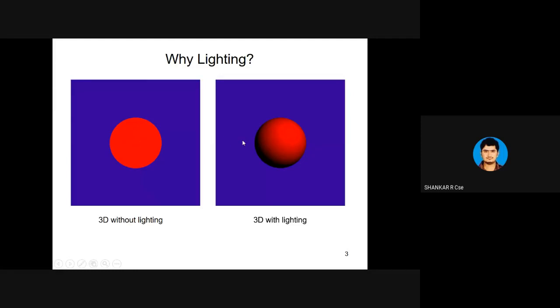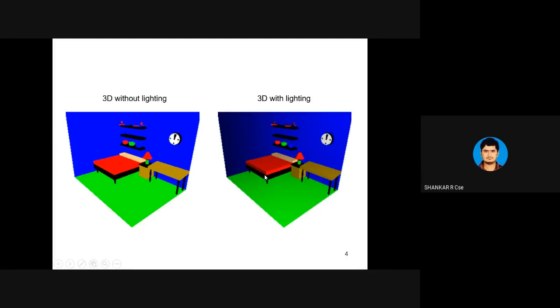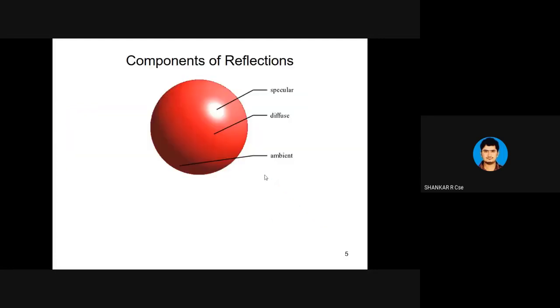If you don't turn on your lighting properties, this is what you'll get, and this is what we got all these days. You take the first program, the line program, you take the second one, the triangle rotation, and all these were artificial outputs, something like this. We didn't take care of lighting in those programs. If you take care of lighting, you will get a realistic image, something like this. All right, one more image, 3D without lighting. This is how it looks, and with lighting, this is how it looks. Just to show you the importance of lighting.